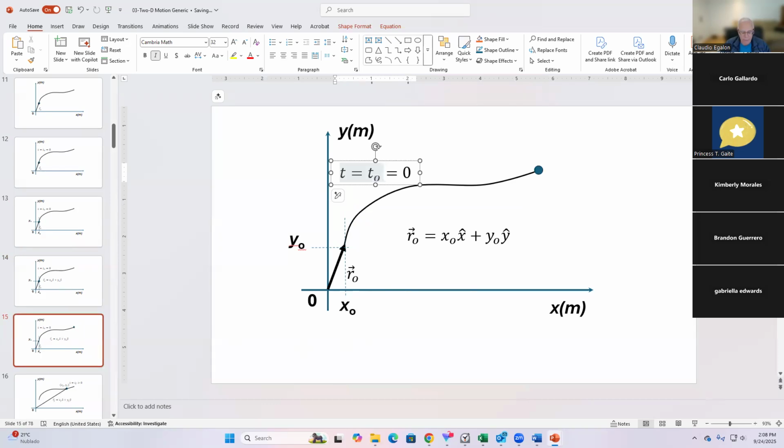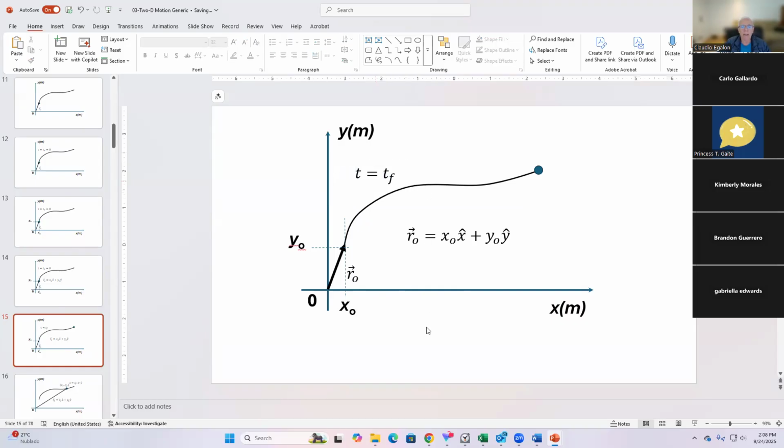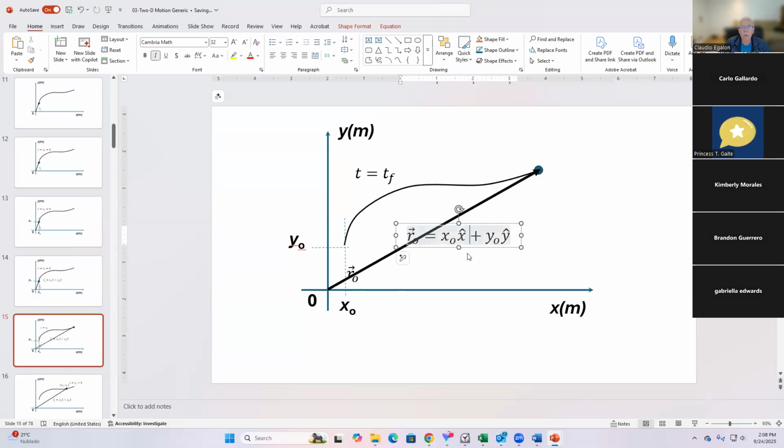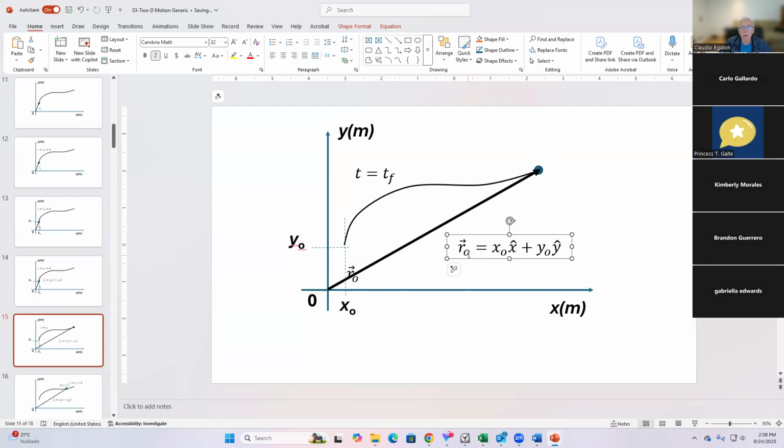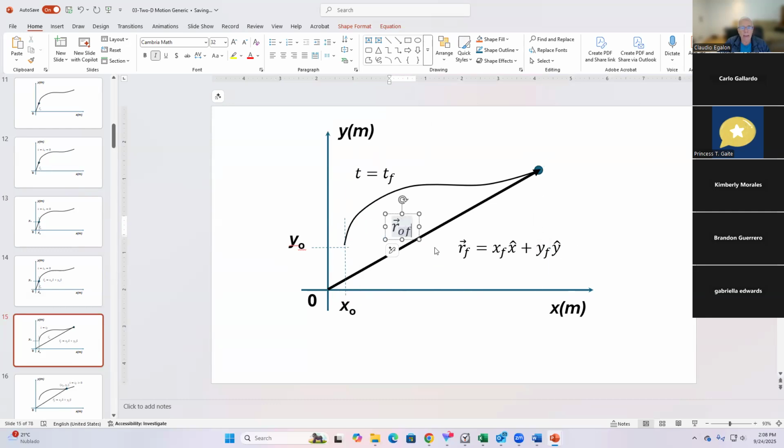Let's say TF. It's not going to be 0. Then that's going to be your final vector position. Your final vector position is going to be given by xf x hat plus yf y hat. And I'm going to denote that guy here by RF.